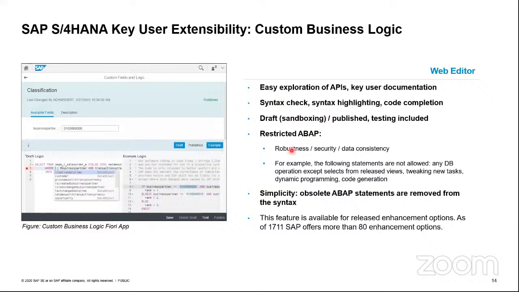It also has a syntax check. There is no syntax check button as such, but you will be able to see your errors highlighted in red. There is also a code completion option available. By doing a control space, you will be able to do that.